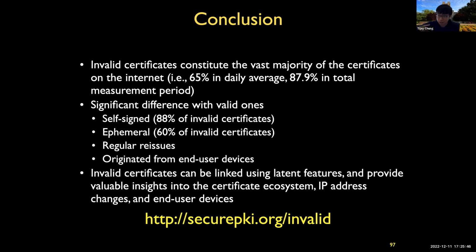So they started to reissue a certificate whenever their IP address changed, which made the number of invalid certificates inflated, 88%. But now, again, I believe this invalid certificate percentage has dropped significantly thanks to many automated and free CAs like Let's Encrypt.